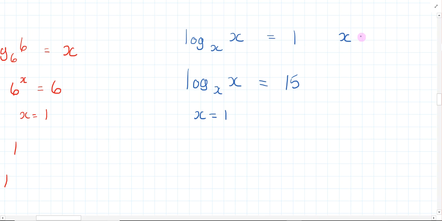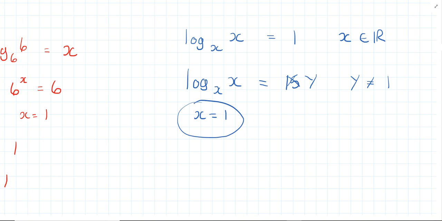So if I write this, x can be an element of any real number. Do you recognise that? Have you seen that before? Yes. But this one, if I get rid of that and call it y, but I say y is not equal to 1, then x has to be 1, because it's the only thing that can work in that situation.